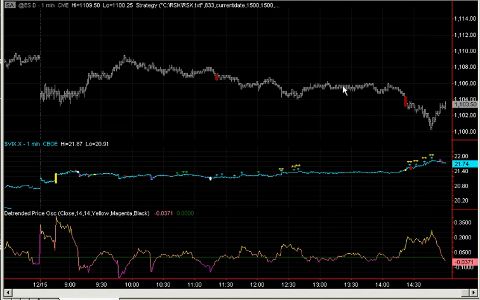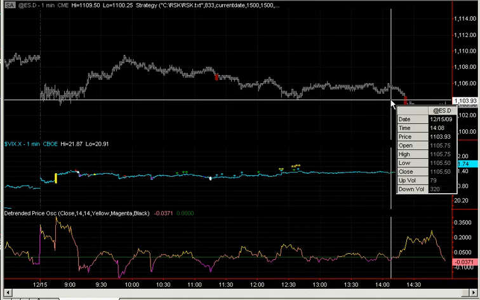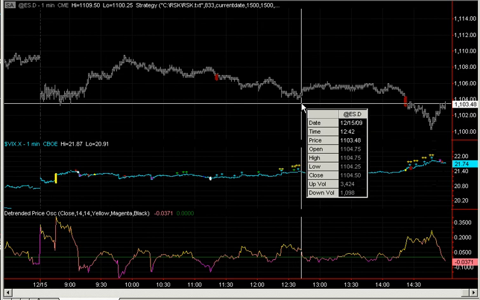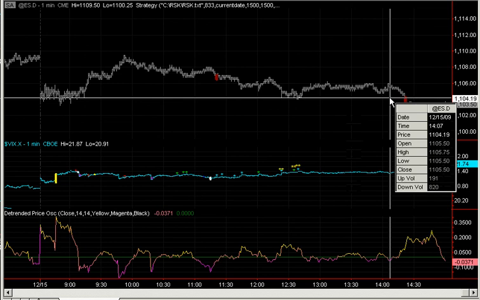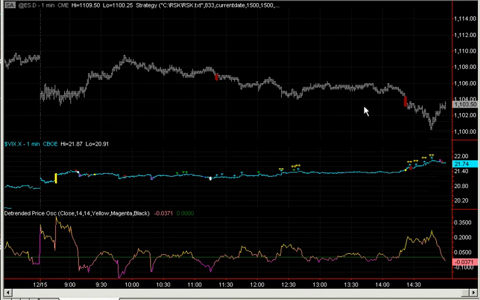Now we had a very stagnant period between about 12:45 to around 2 o'clock. I mean, that was just grueling. But let's take a look at how the strategy pointed out opportunities to short that market.